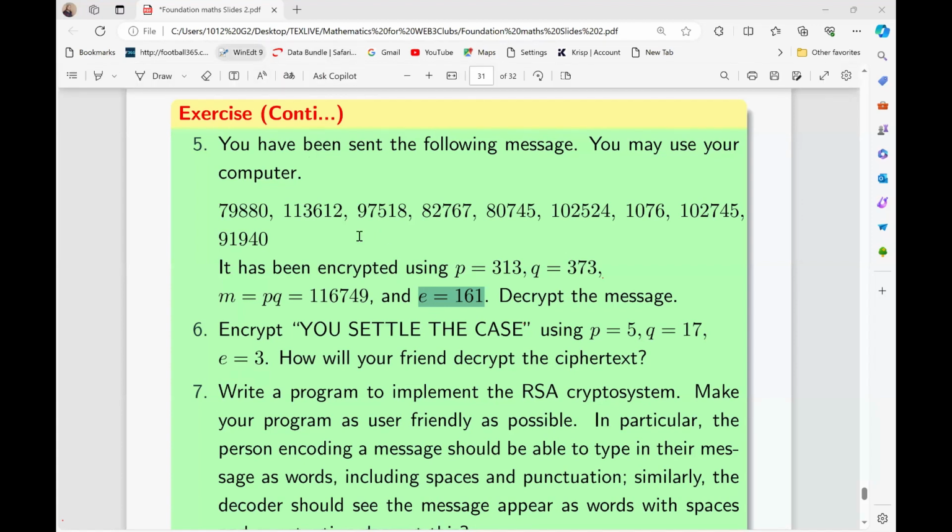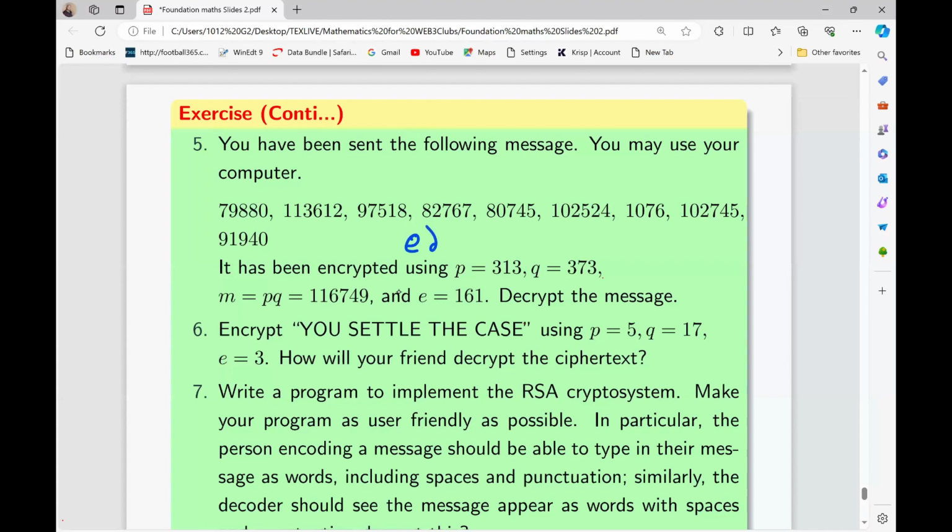So what do you do to get that? You have E, you want D congruent to 1 mod phi of M. How do you get phi of M? Since P and Q are prime numbers, it's easy. Phi of M will just be given by 312 times 372. So that is phi of M.